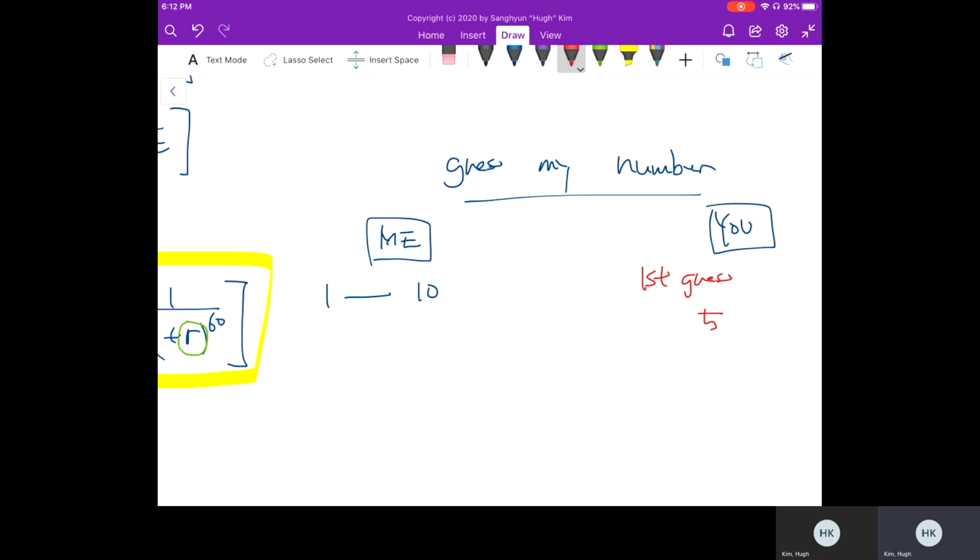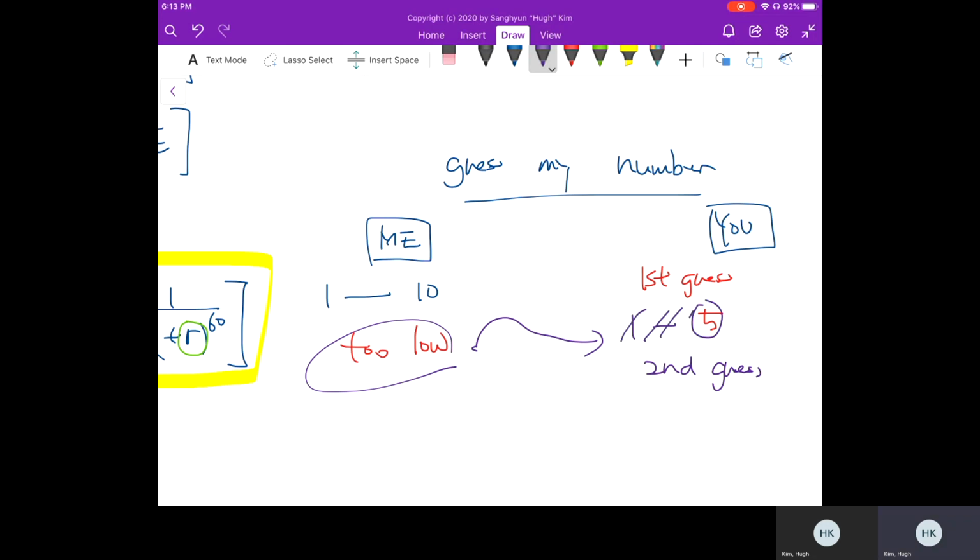And I tell you your guess is too low. Based on this information, you can revise your guess and make a second guess. So 5 is too low means that 1 to 5 is not my number, so my number has to be between 6 to 10.